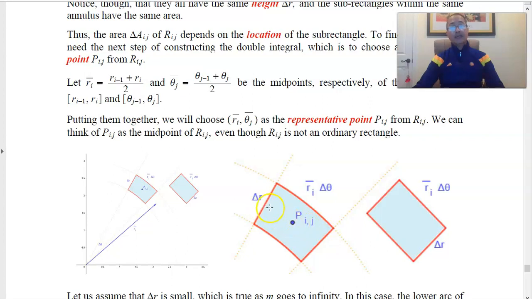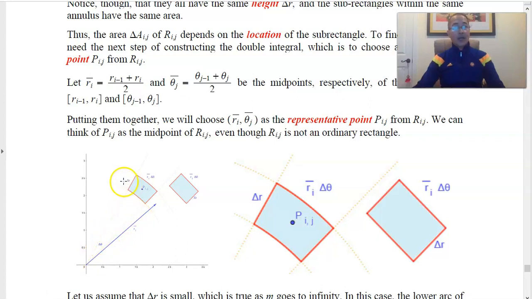Well, wouldn't it make sense to use the average width, which occurs when your arc passes through the representative point? Well, what's the formula for arc length? If you remember your geometry, it's something like S equals R times theta, where theta is the angle subtended by the arc. But in this case, our notation for the angle subtended by the arc is delta theta.